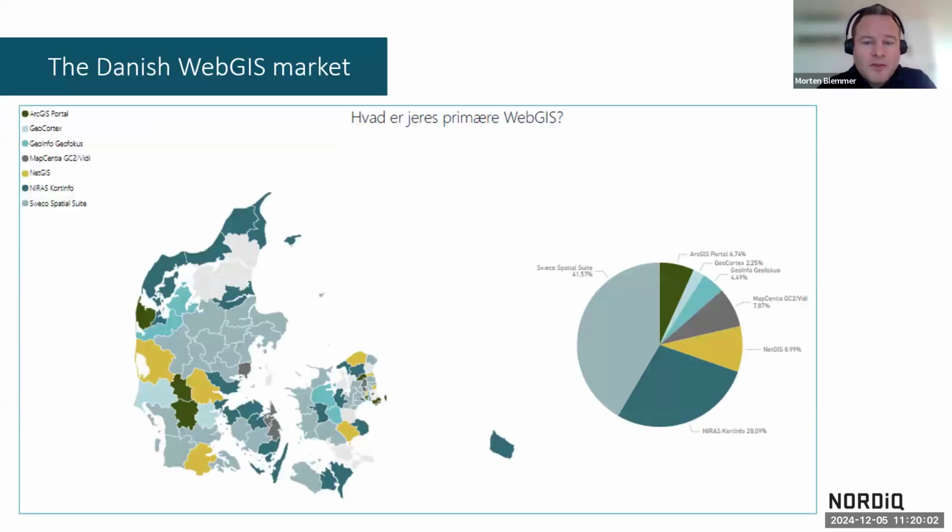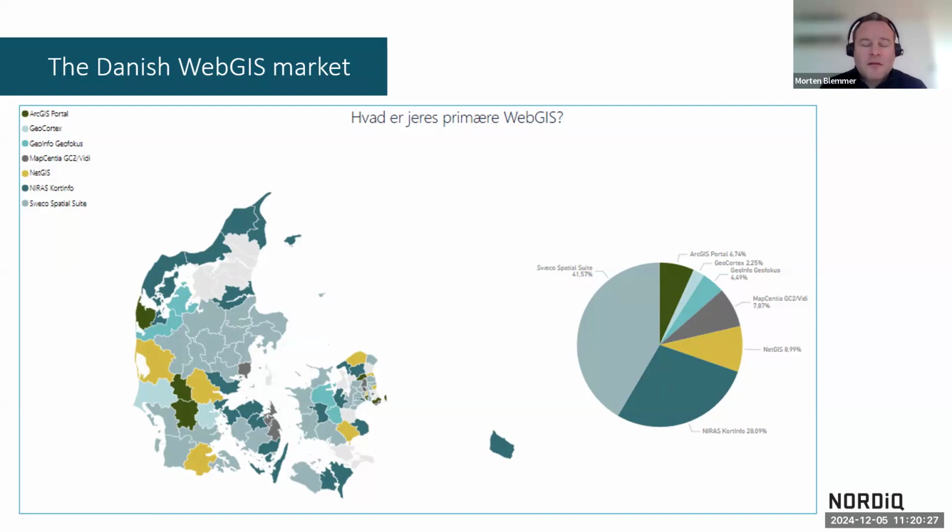If we look into the WebGIS market, as I said, this is a little old. I think maybe it was from the start of the year, because now we have 3 municipalities using MapStore. But otherwise, we have some local players which are really big in the WebGIS market, and that is Sweco Spatial Suite and also some other tools as well, as you can see.